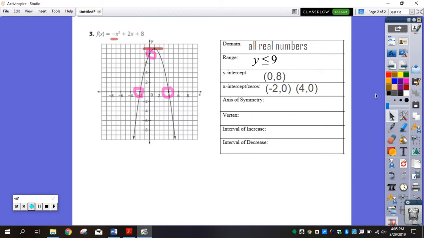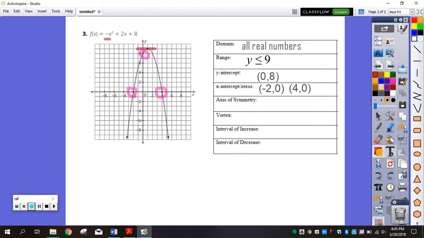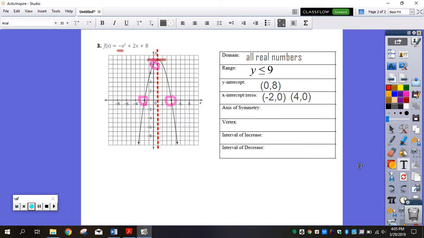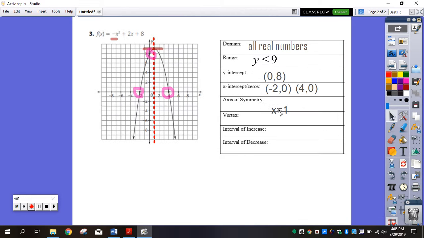And my axis of symmetry is that vertical line that cuts my parabola in half, travels through the vertex. And remember, our answer for that has to be an equation. X equals, and then whatever the x value of the vertex is, which is 1. Now, by this time, I've done all the work I need to give my vertex because I know it's at x equals 1 and at y equals 9.